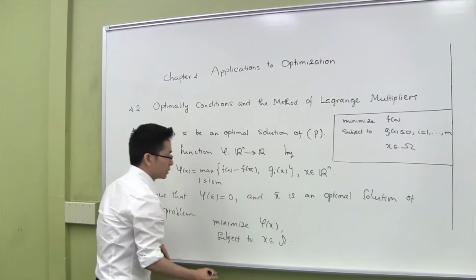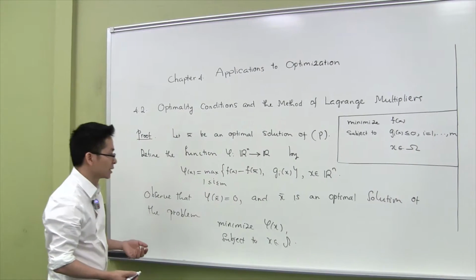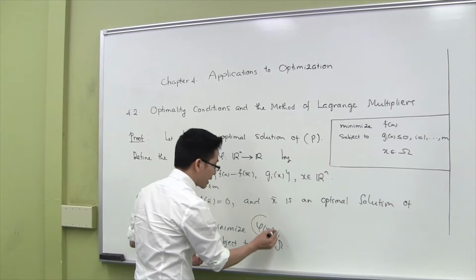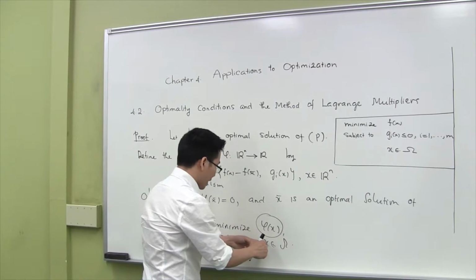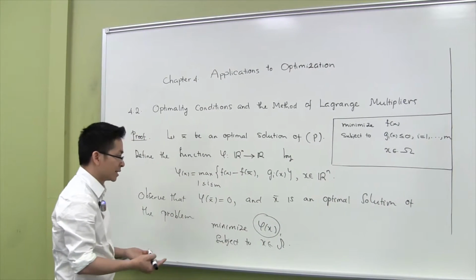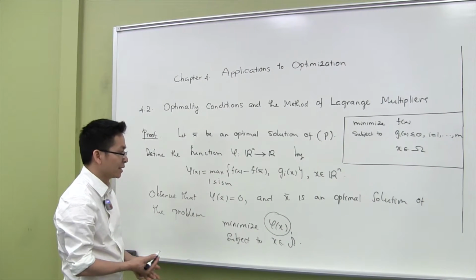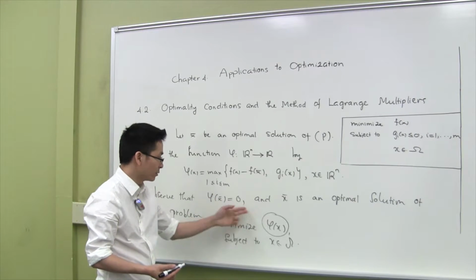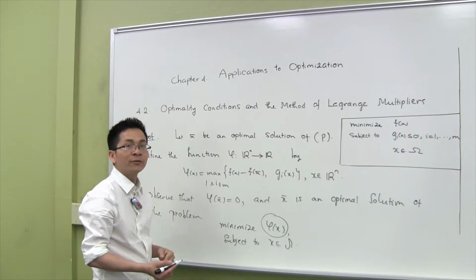Okay, so we can really check this by showing that whenever x is in omega, we see that phi of x is greater than or equal to 0, which is phi of x bar.